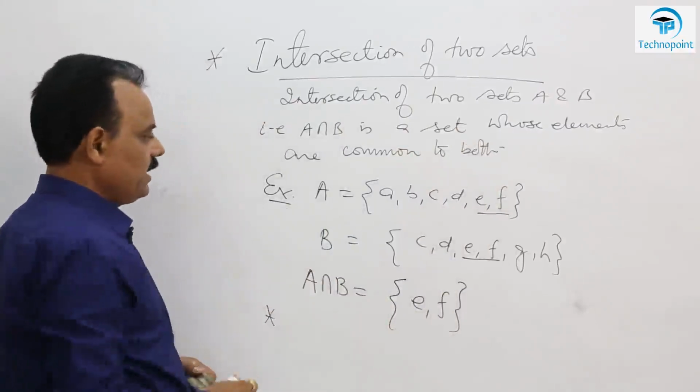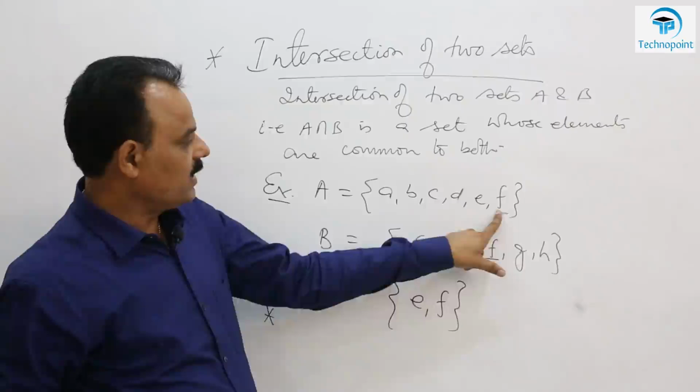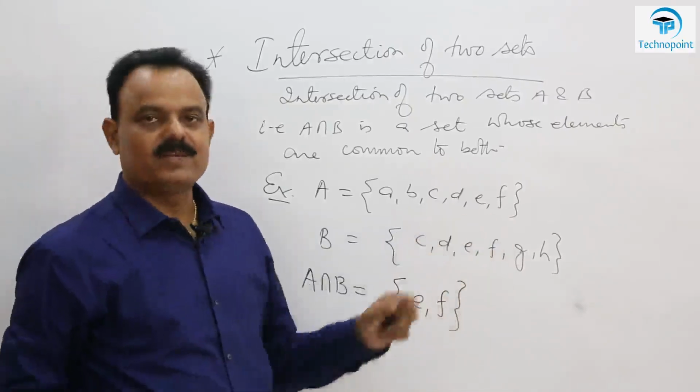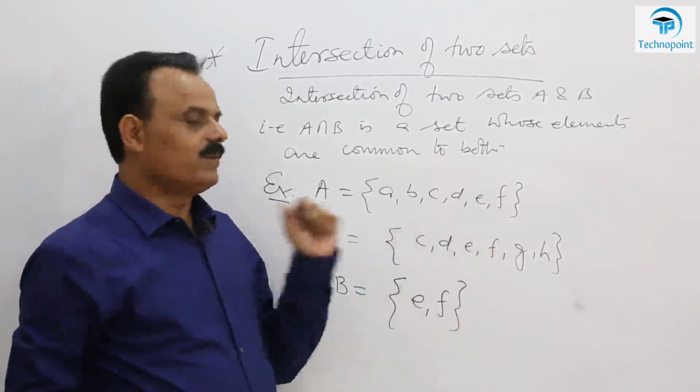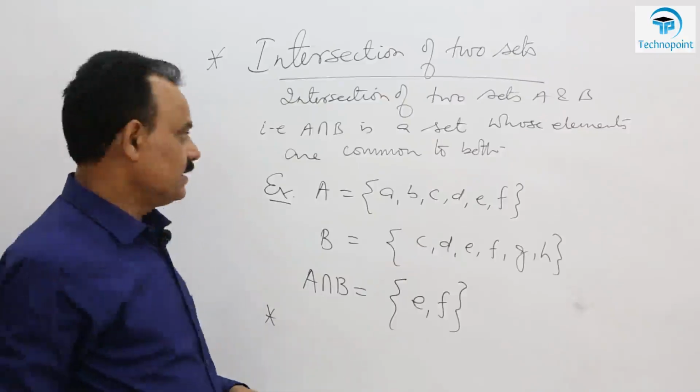So क्या है इंटरसेक्शन ऑफ टू सेट्स? दोनों सेट में जो भी एलिमेंट्स है इसमें जो कॉमन एलिमेंट्स है, कौन कौन सा कॉमन एलिमेंट है? ई और एफ. देखिए ई और एफ दोनों में है, तो ई और एफ कॉमन एलिमेंट्स है. कॉमन एलिमेंट्स के सेट को इंटरसेक्शन ऑफ टू सेट्स कहते हैं.